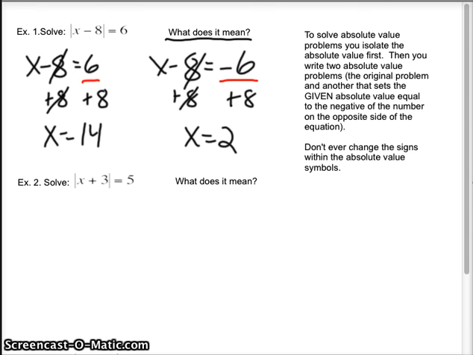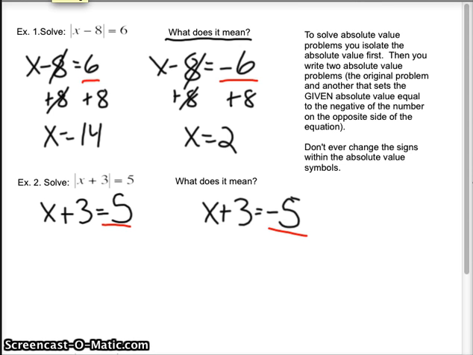Now, for our next one, again, we have the same situation going on. So I need to make my two equations: x plus 3 could actually equal 5. Or, because it's an absolute value, if that x plus 3 equaled negative 5, the absolute value would wipe the sign off and it would still simply equal 5. So here we have our two equations, again focusing on getting our two signs, the positive and the negative, because of the absolute value.